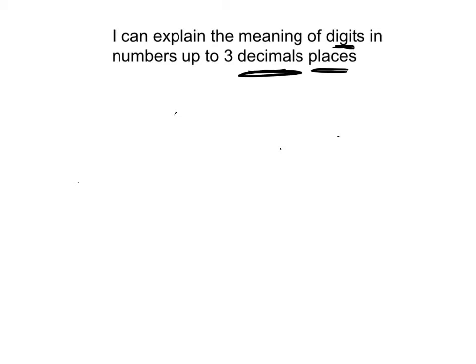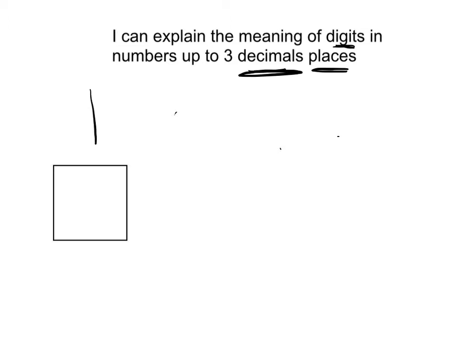So let's imagine we have one whole. Here is my one whole, one block of chocolate. Let's call it chocolate because it's just easy to work with. But let's say there were 10 people and we needed to break up the chocolate into smaller pieces so every person got the same amount.